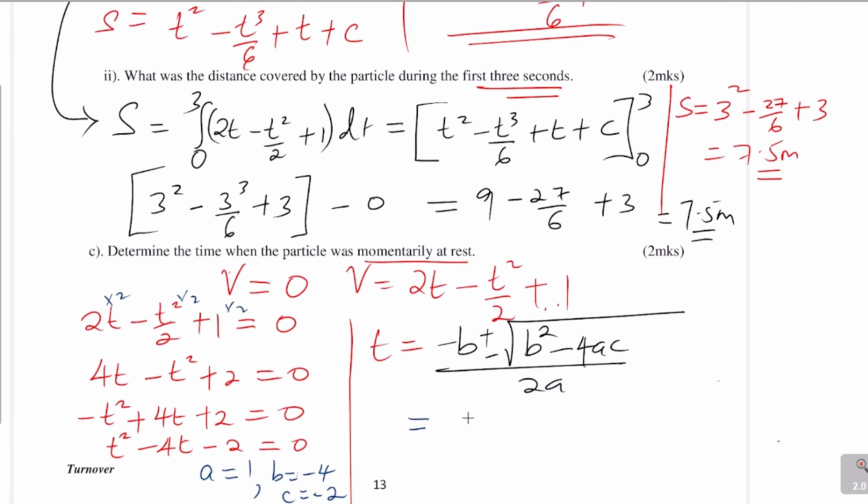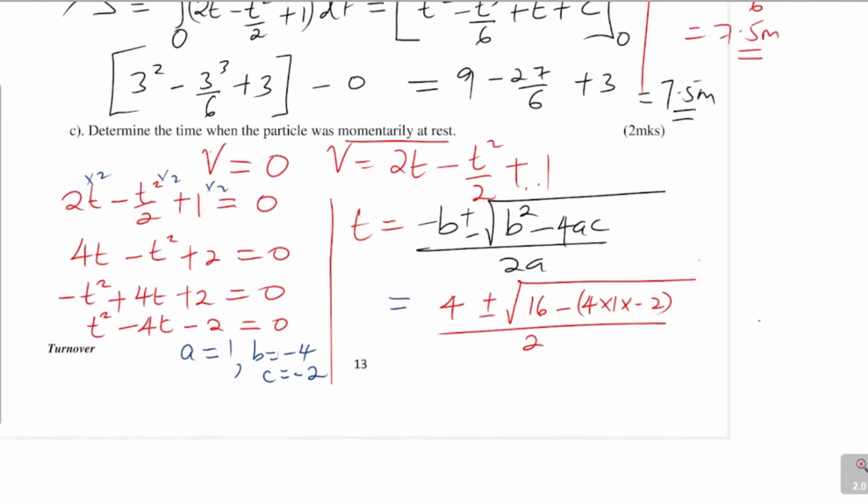Negative b is negative 4, so that will be 4 plus or minus the square root of b squared, negative 4 squared gives 16, minus 4 times a, which is 1, times c, which is negative 2. Everything divided by 2 times a, which is 1, so that will be 2. Then from there we have 4 plus or minus whatever is in the bracket.